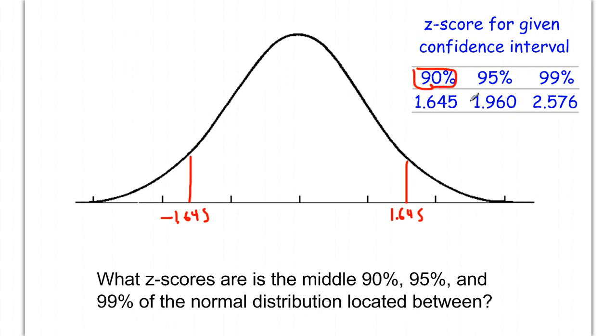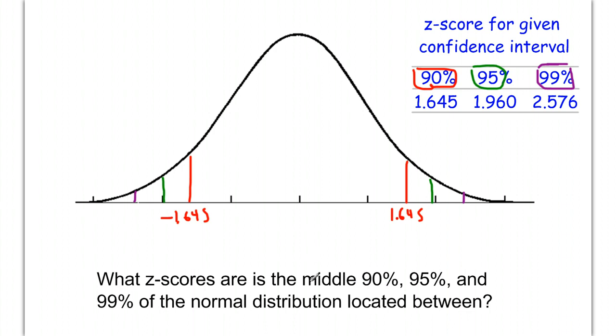Same idea if we plug in negative 1.96 to 1.96: we get about 95% of the middle of the curve between those values. And with negative 2.576 and positive 2.576, that gives us 99% of the area under the normal curve.